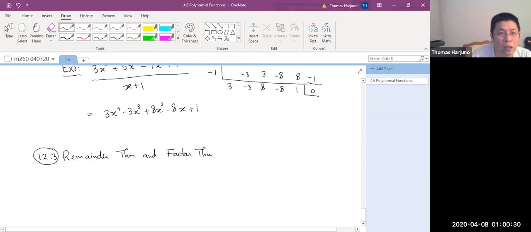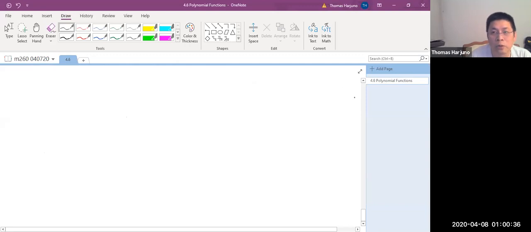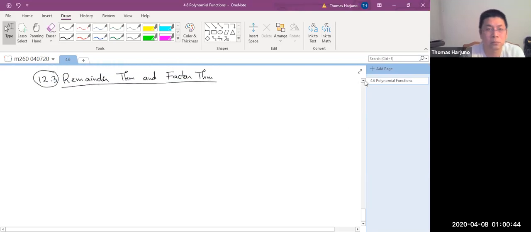Okay, what is the remainder theorem? Remainder theorem says the following.